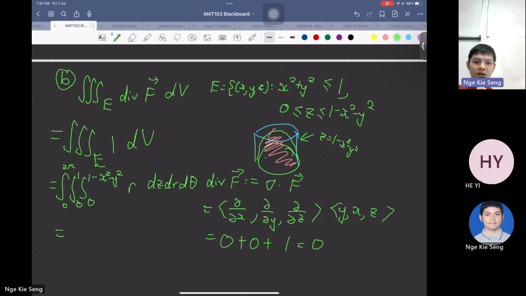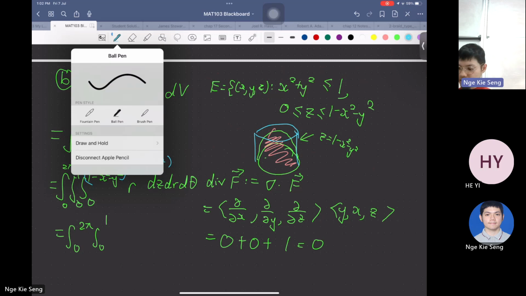So you just do the usual integration here. 1 minus x squared minus y squared in r, theta coordinates is 1 minus r squared.